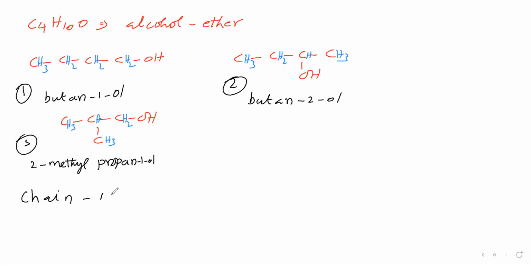So 1 and 3 are chain isomers. Then 2 and 3 are also chain isomers, because the parent chain length is different. Here the position of alcohol is 1, here the position of alcohol is 2, therefore 1 and 2 are position isomers.